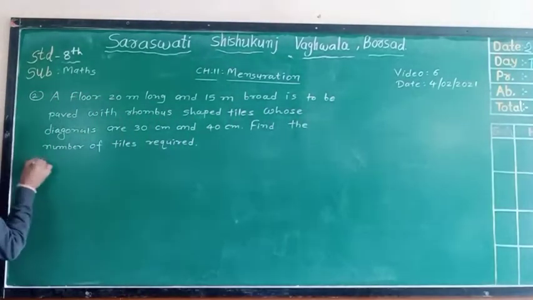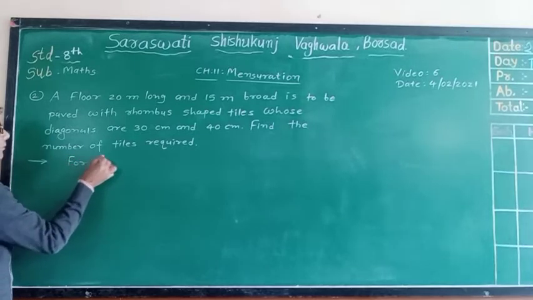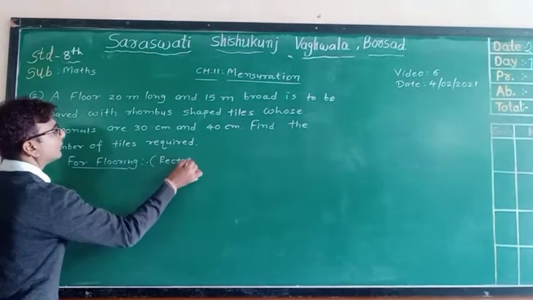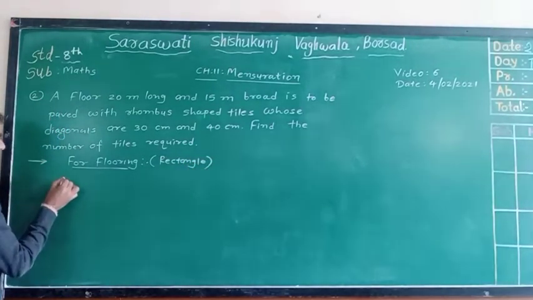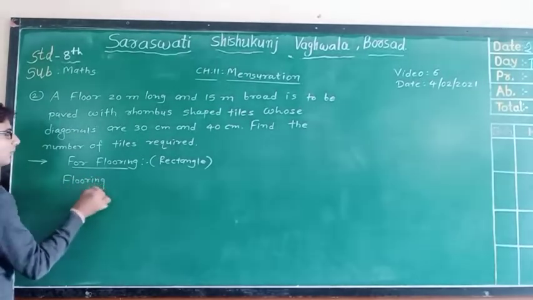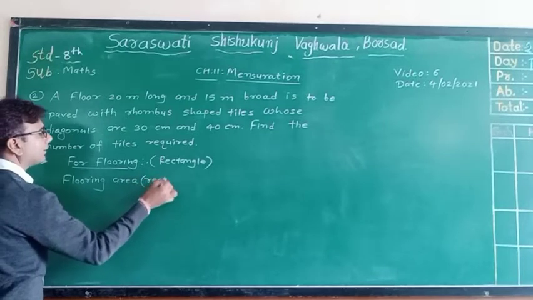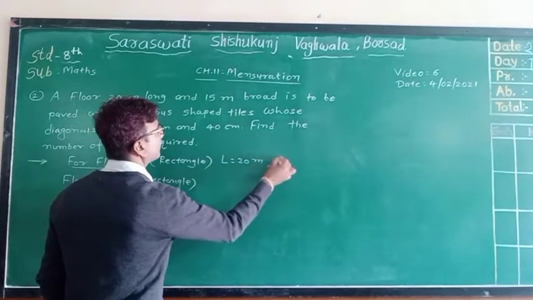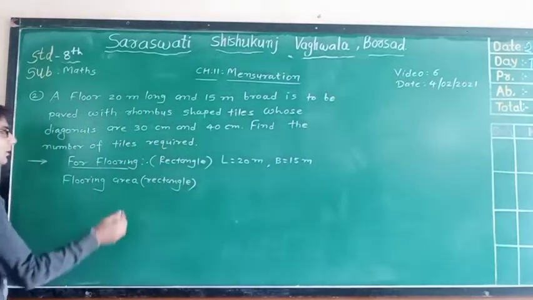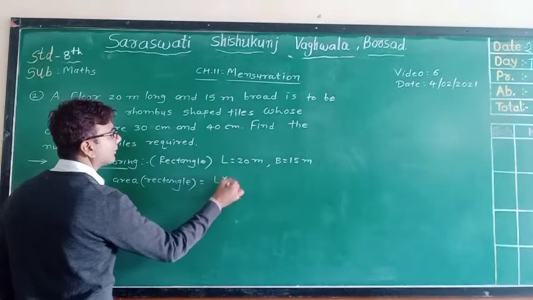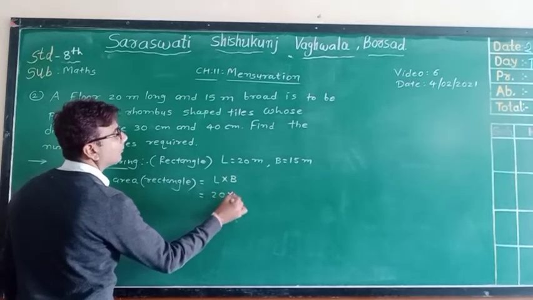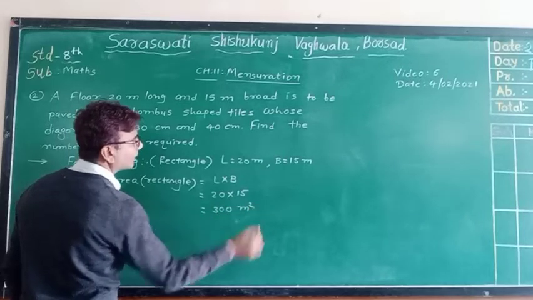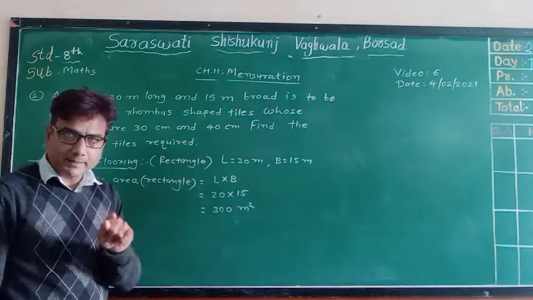So the flooring area, the flooring is a rectangle. This rectangle's length is 20 meters and breadth is 15 meters. So the flooring area means L into B. Length is 20, width is 15. 15 times 20 is 300 meters square. Okay, so the flooring area we got is 300 meters square.